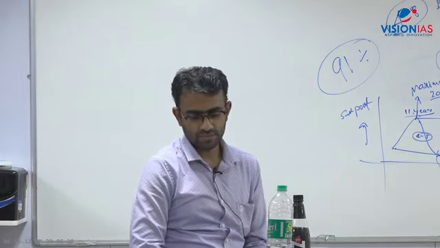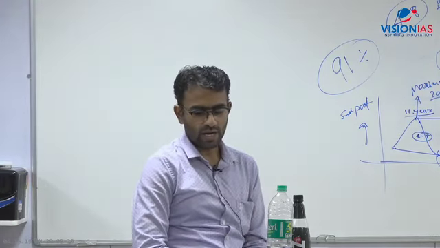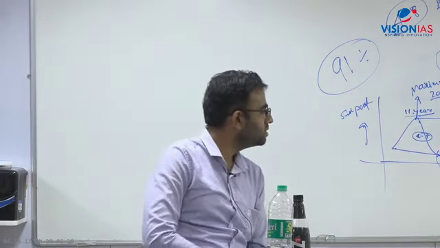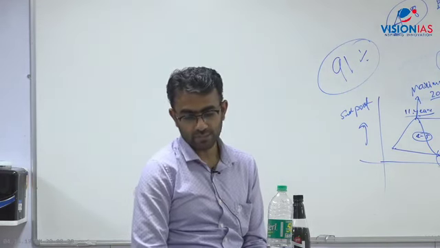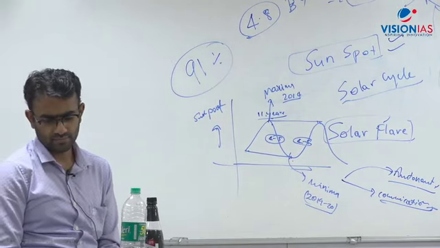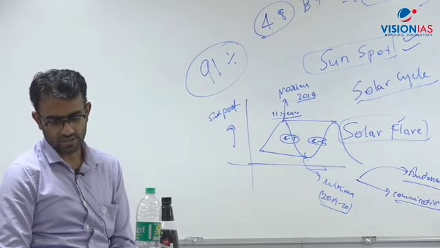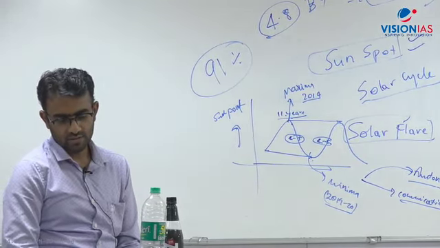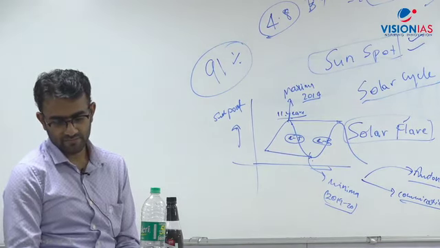It is called the solar cycle or sunspot cycle. Solar cycle or sunspot cycle. Full stop.